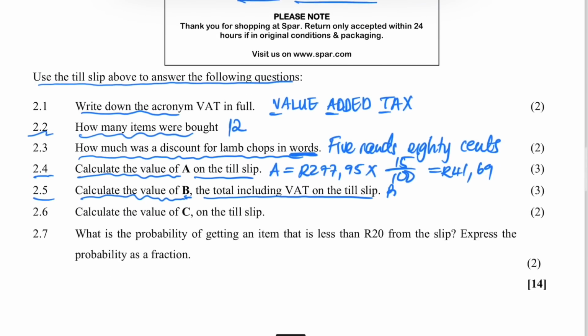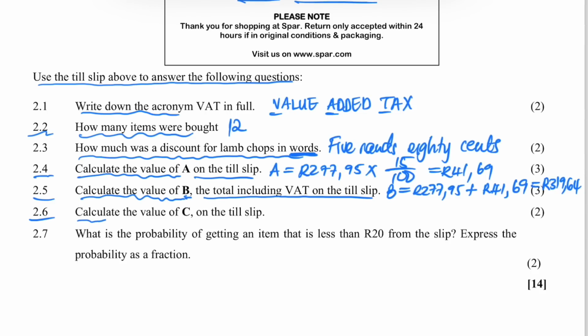So B, we're going to say 277 rand 95 cents plus the VAT, which is the 41 rand 69. It's going to be 319.64. 319 rands 64 cents.